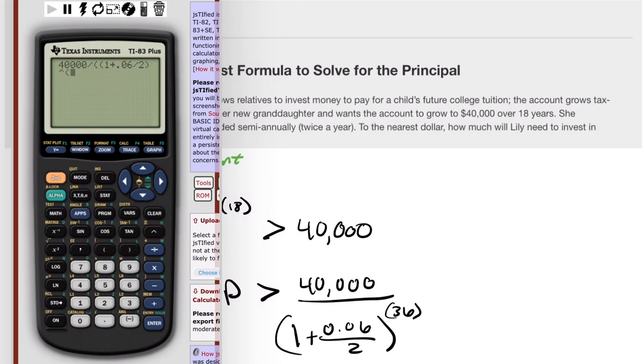So then we can say that to the power of 36. So almost 14,000. This is approximately $13,801.30.